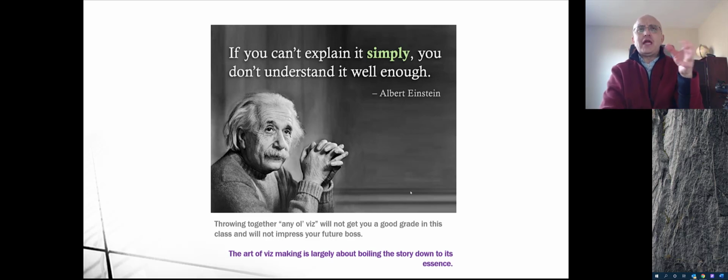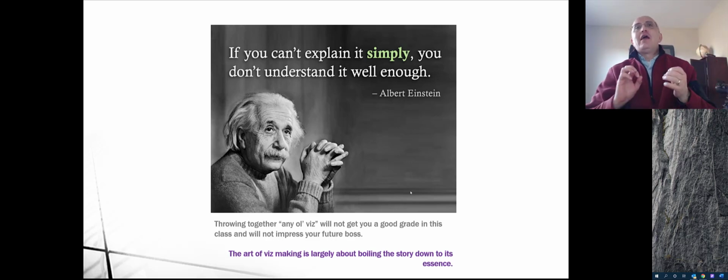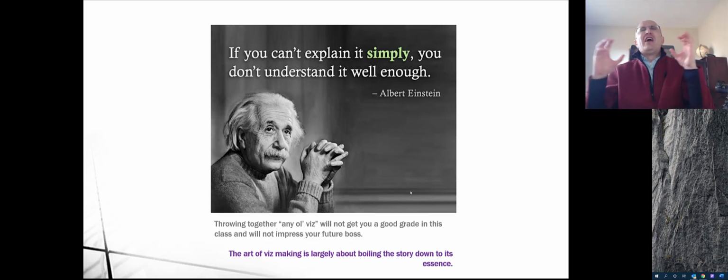Think of his equation, E equals mc squared. Very simple equation that he's famous for, but it captured something that had been eluding scientists for years. So he captured something very complex in a very simple formula. And that's the analogy of what we want to do with data visualization.